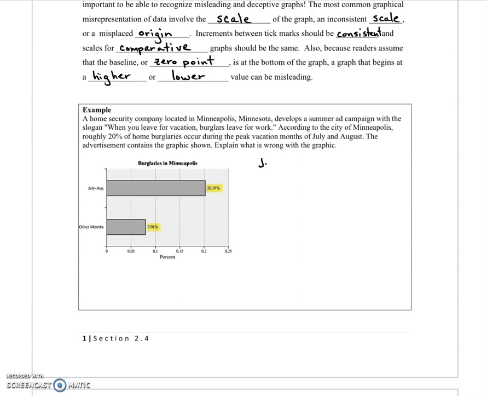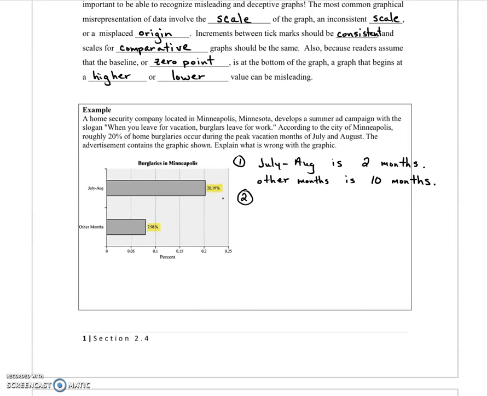So July and August is 2 months. The rest of the months then, there are 12 months in a year, so other months is a time period of 10 months. So how can we really compare 2 months with 10 months?